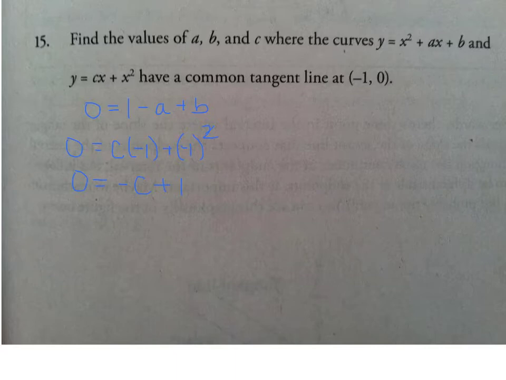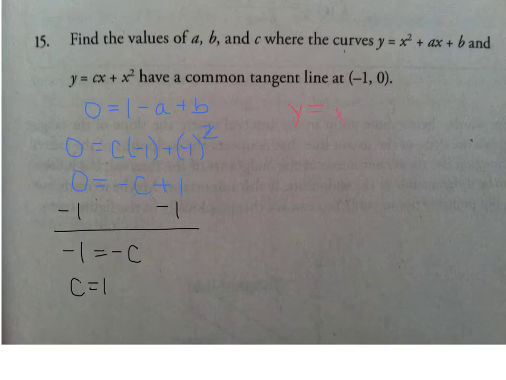We're going to subtract 1 from both sides, and we get negative 1 equals negative c, so c must be 1. So I can actually write the equation of the second parabola right now. Our second parabola is going to be y equals x plus x squared, because the c value is 1. We're going to be using that later.